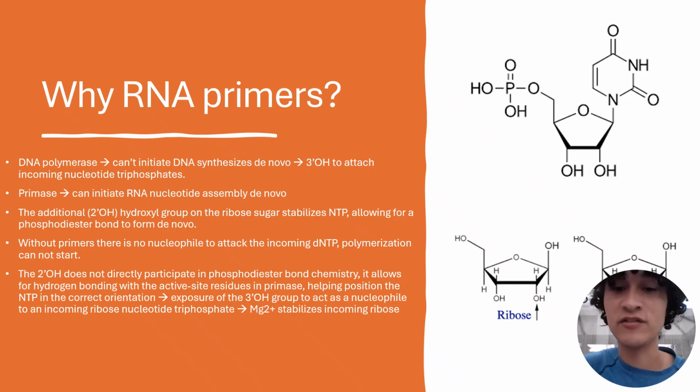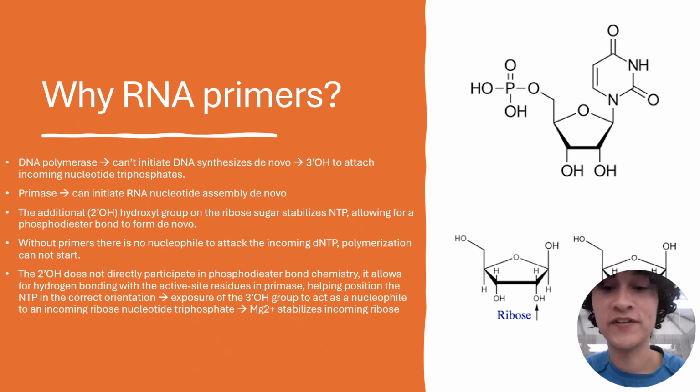But what I'm saying is that oxygen allows for the correct hydrogen bond to form between the primase, okay, and its substrate. It allows for the correct rotational positioning of that ribonucleotide triphosphate, or the correct orientation for that 3' hydroxyl group to be exposed.